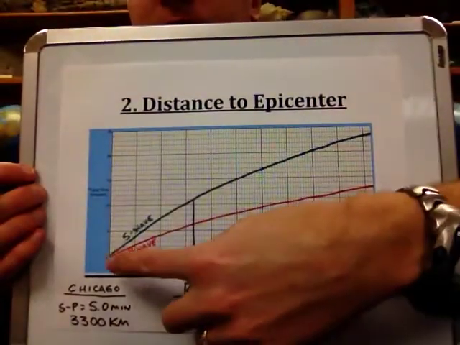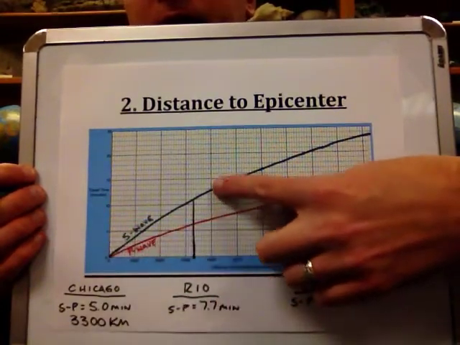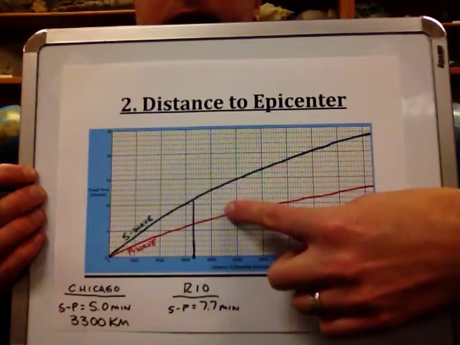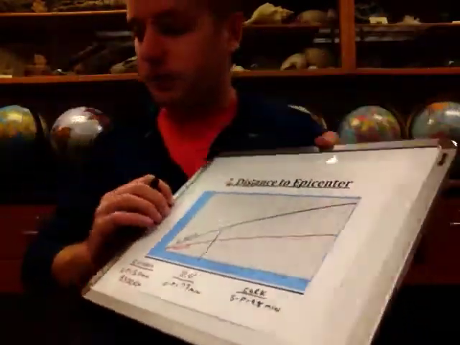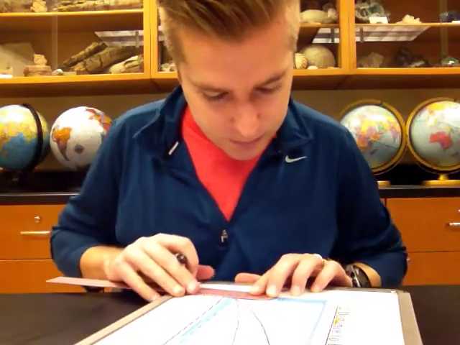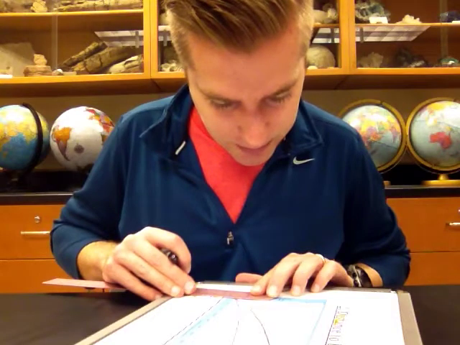For Rio, we're going to measure 7.7 minutes on the vertical axis, then find where there's that same amount of centimeters between the S and P wave vertically. So go ahead and do that. 7.7 minutes. Again, your numbers might be a little bit different with the centimeters because your figure is a slightly different size.